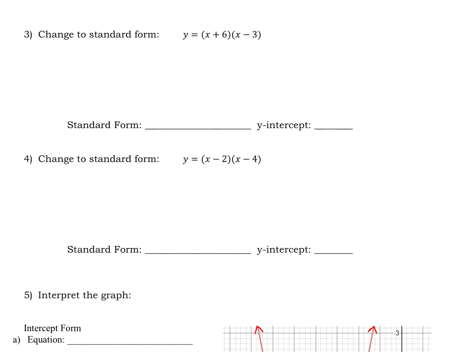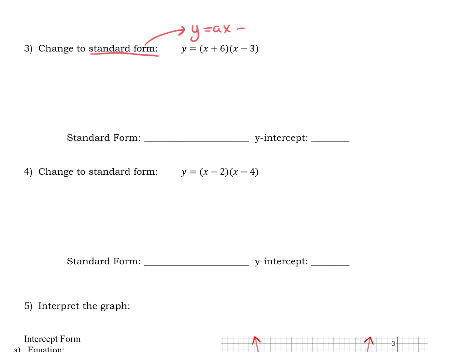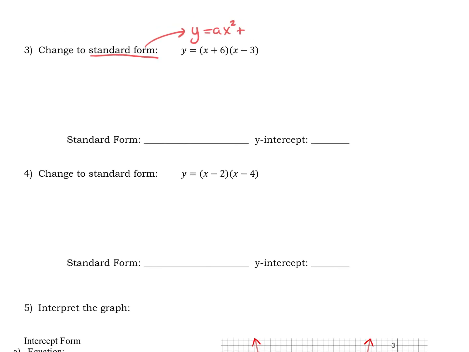All right, so now we're going to change this to standard form. So what does that mean? That means I want it to equal ax squared plus bx plus c. So that means I need to multiply this out. So first I'm going to do the first guy, x times x, and then it'll get me x squared.